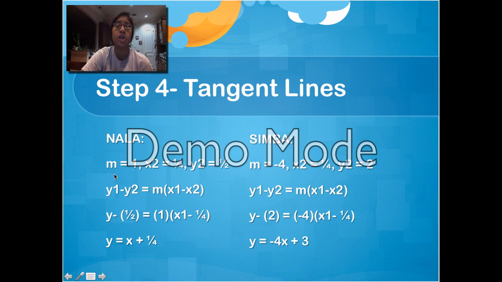So as you can see here, I wrote out all the given variables that we have solved for and that we know for sure. And then we're going to plug in the m, the x, and the y into each part of the point-slope formula.